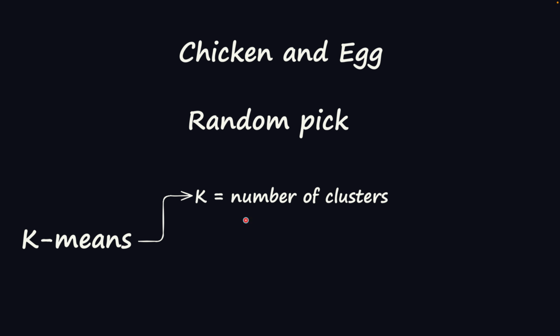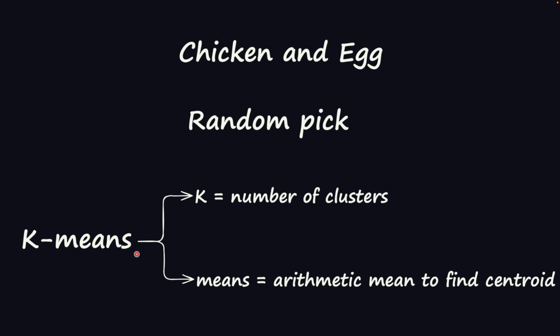If we choose 5 clusters, then k is going to be 5. Then means refers to the arithmetic mean, because we are going to use the arithmetic mean to find the center, or centroid, for each of the clusters. That is why this algorithm is called k-means. We are going to have k clusters, and we are going to identify the centroid for each of the clusters using the arithmetic mean.